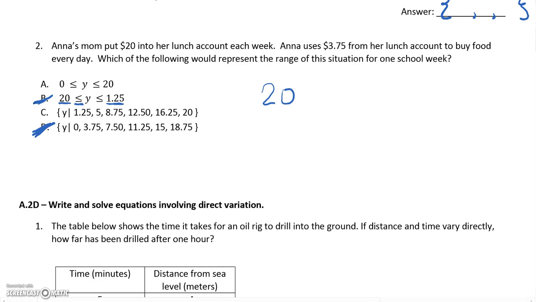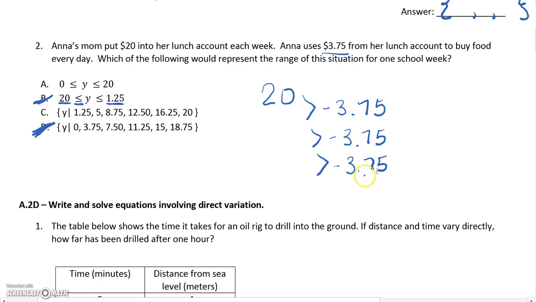So to find the numbers, you know that she's using $3.75 every time. So you just have to keep subtracting $3.75. And those are going to give you specific numbers. It's not a range of numbers because she uses that exact amount every single time.